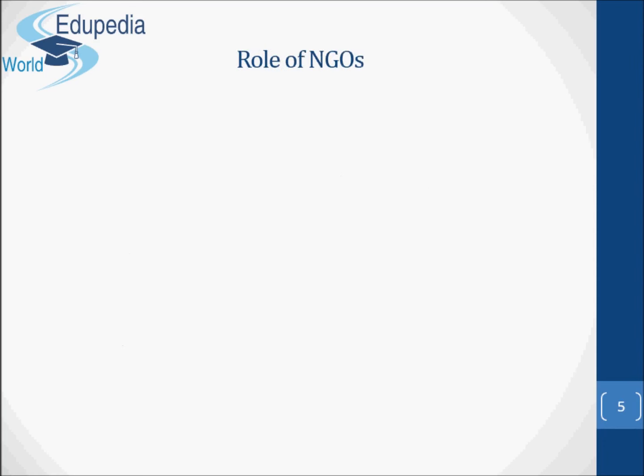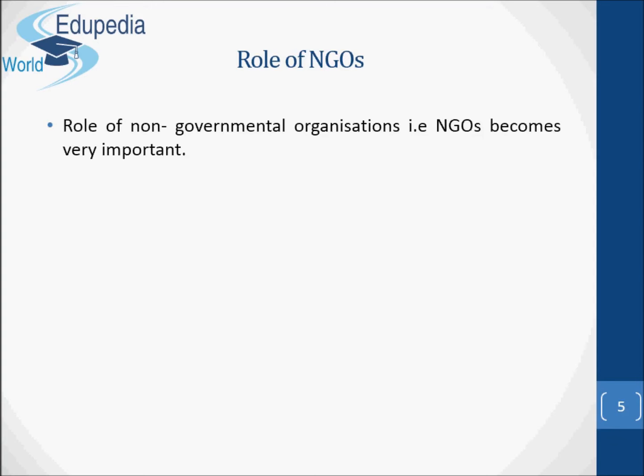Now, what about the role of non-governmental organizations? In case the producer, company or seller gives the aggrieved party a cold shoulder, then the role of non-governmental organizations becomes very important.